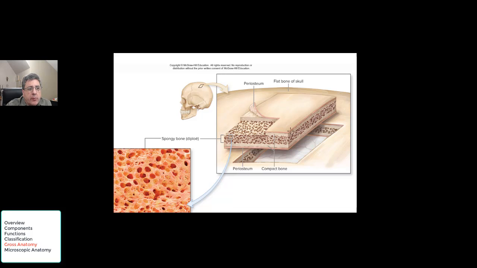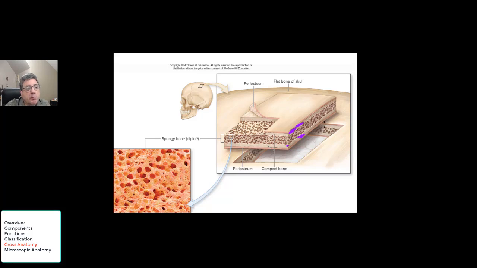You're going to have on the exterior or the interior surface, this is going to be the compact bone or the dense bone. You can see that if this is the exterior surface, this is the interior lining of this. Both are going to be made up of compact bone, and they're pretty much parallel to each other in this case.